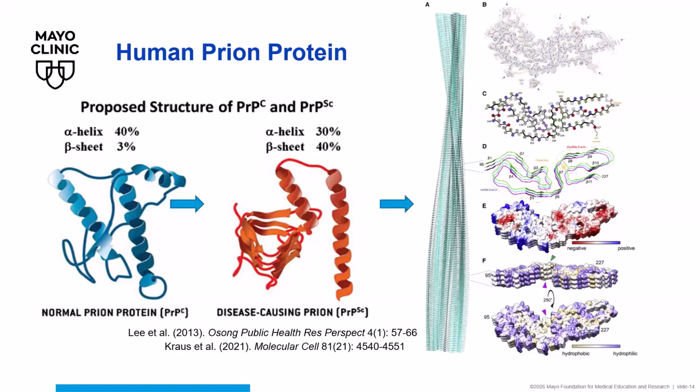And these beta sheets have a propensity to stack with other proteins, forming these large fibrils that are destructive to the neuron. So it's an inherent property of this protein that it can undergo this transformation.